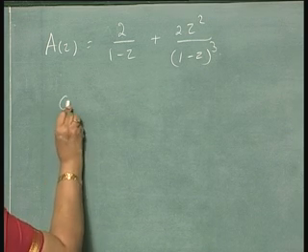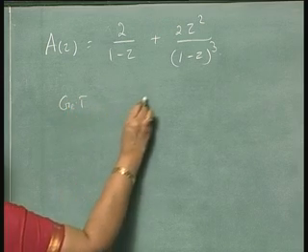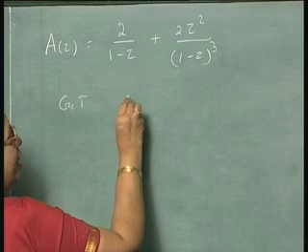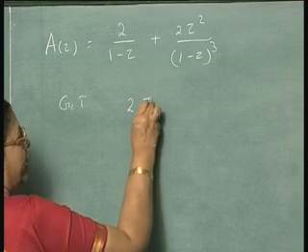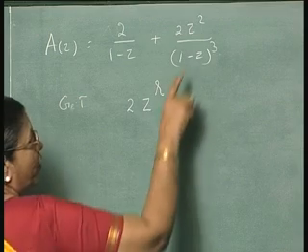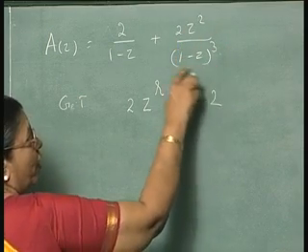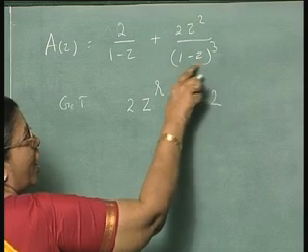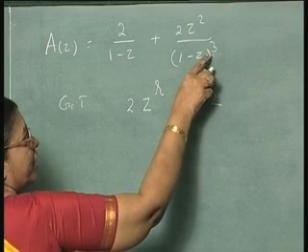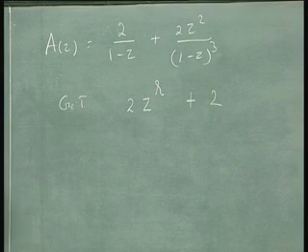Now, what will be the general term? Here you want to find the coefficient of z^(r-2), so that when you multiply by z squared you get z^r.